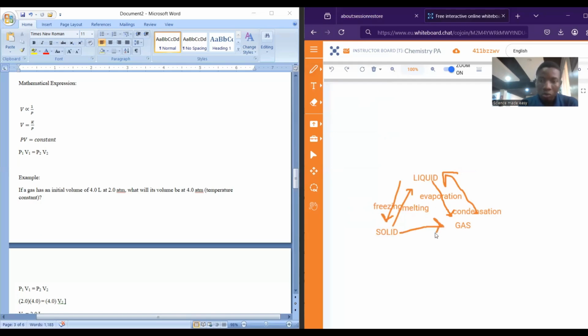Solid to gas, we call sublimation. So these are the changes of state. As all those things are changing, the process: if the liquid changes to a solid, that is freezing. A solid changing to liquid is melting. Liquid changing to gas is evaporation. Gas to liquid is condensation. And solid to gas is sublimation.